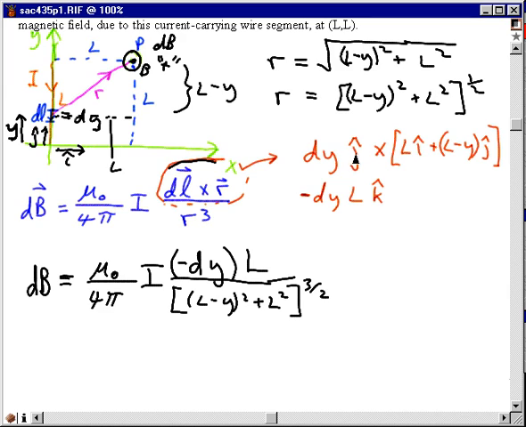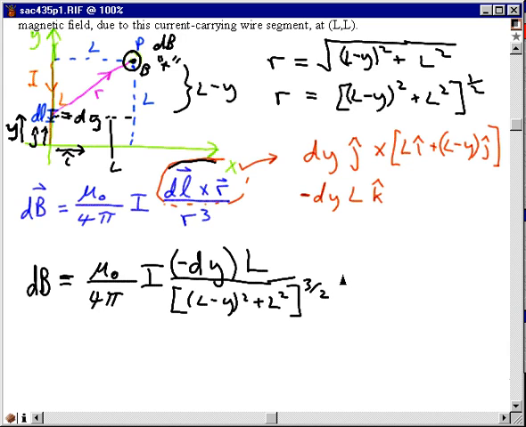And then j crossed into the second term, j crossed into j, is just 0. Remember the cross product, the measure of the perpendicularity? Well, these are in the same direction. There's no perpendicularity whatsoever. So we could replace this dL cross r with the minus dy L k, and here it is, the minus dy L. I've left off the direction in this piece, but stated and argued that it's in the positive z direction, the same direction as the k.